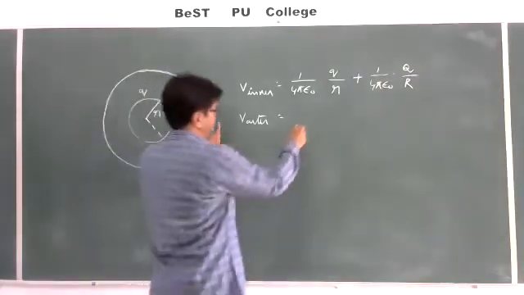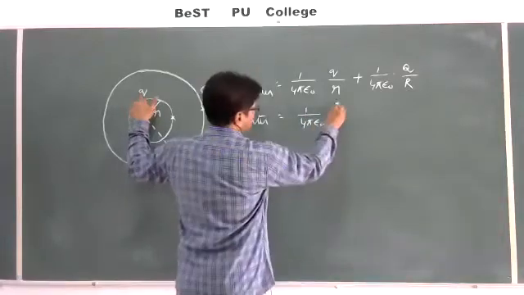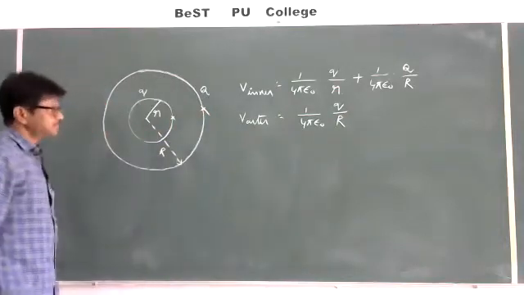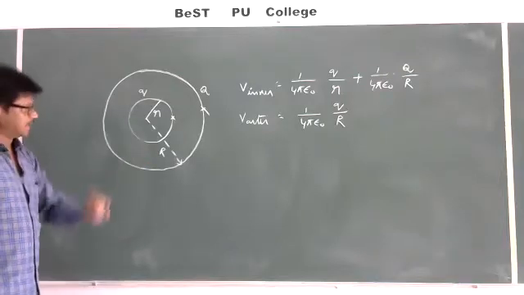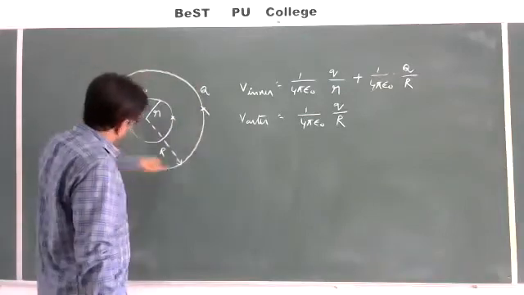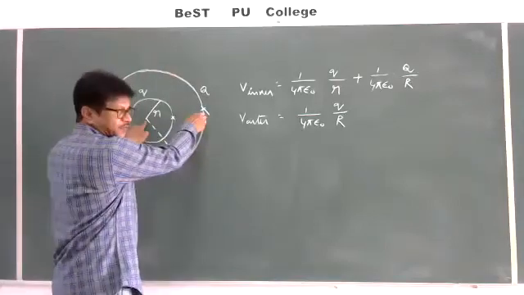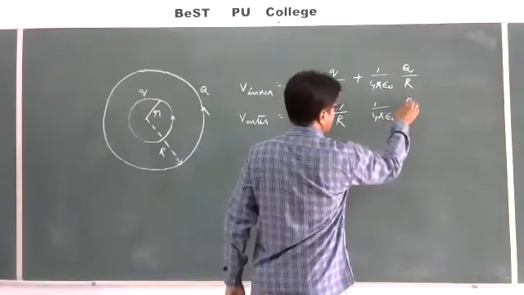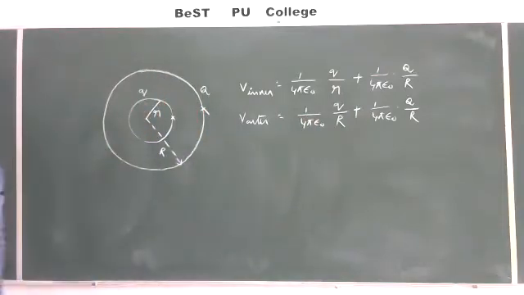Then what will be the potential? 1 by 4 pi epsilon naught, q by capital R. And this point is on the outer surface of the outer sphere, so we have to consider only this much distance: 1 by 4 pi epsilon naught, capital Q by capital R. Because the potential is a scalar quantity.